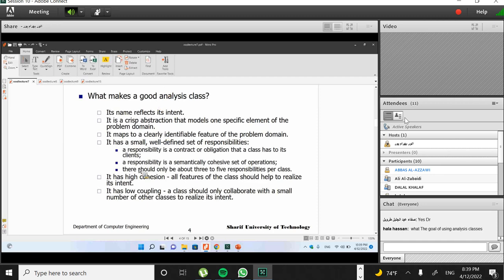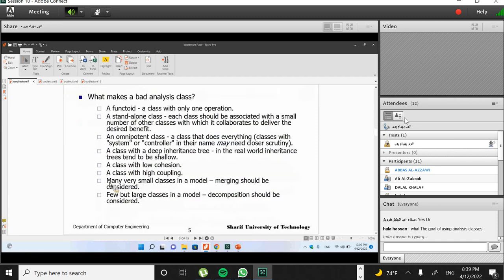If you remember, for a good analysis class we talked about high cohesion and low coupling. But for bad classes, we say they have low cohesion and high coupling.